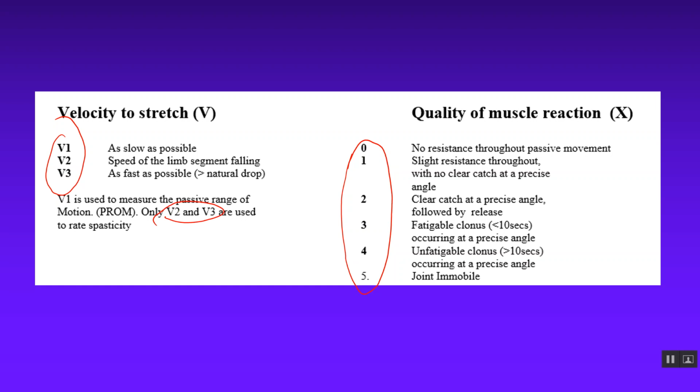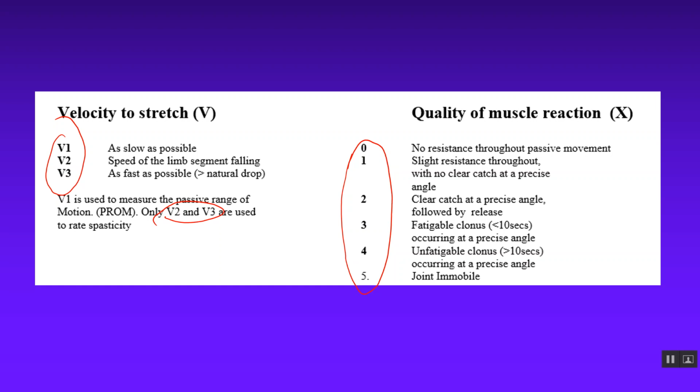Because then you're actually moving them a little faster. The V2 speed is the speed of the limb as if you just dropped their limb and gravity pulled their limb down. I don't know exactly what that is. You have to kind of imagine how fast that is, and that's the speed you're trying to move their limb. A V3 is as fast as you can move their limb without hurting them, trying to move it faster than gravity would drop the limb.